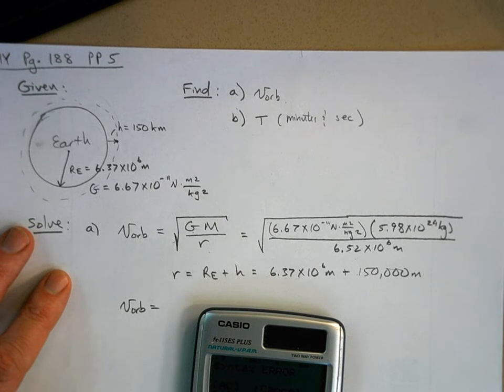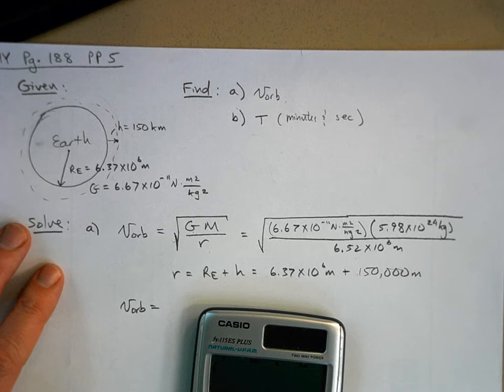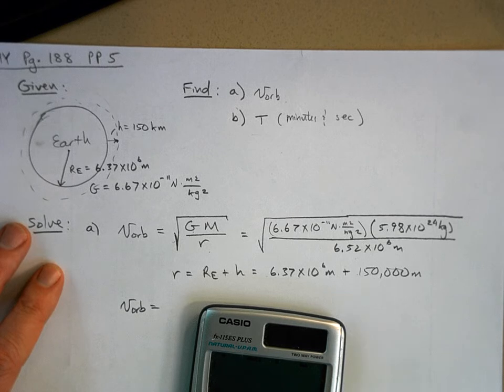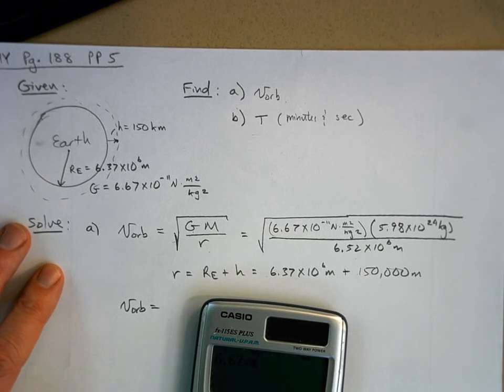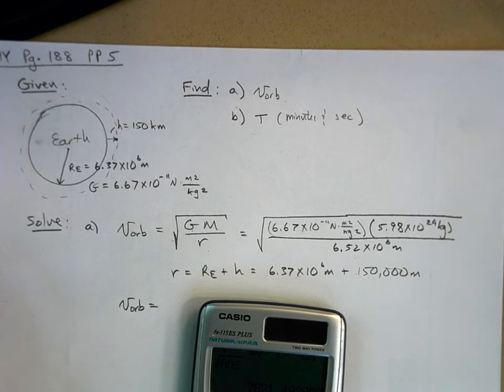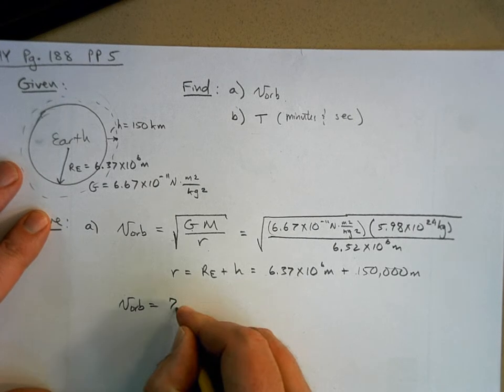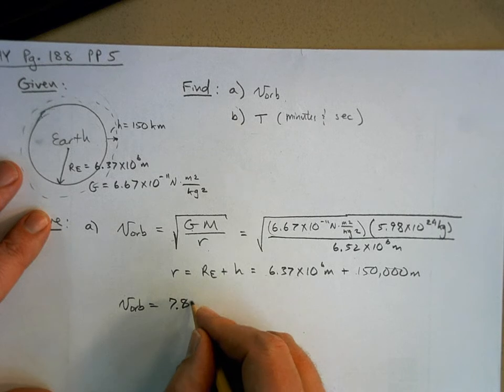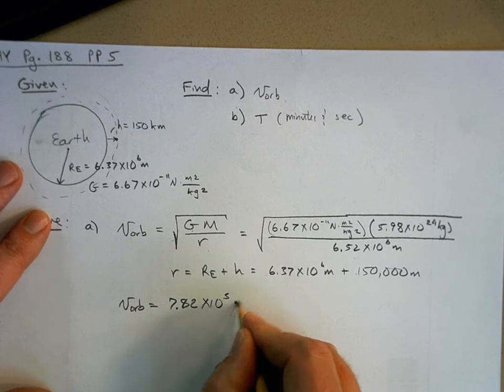And you get 7.82 times 10 to the 3 meters per second.